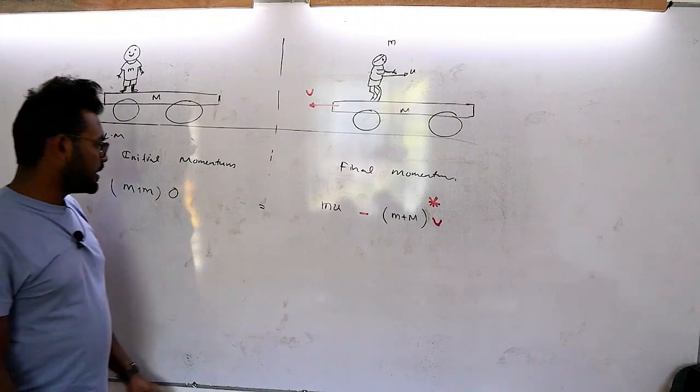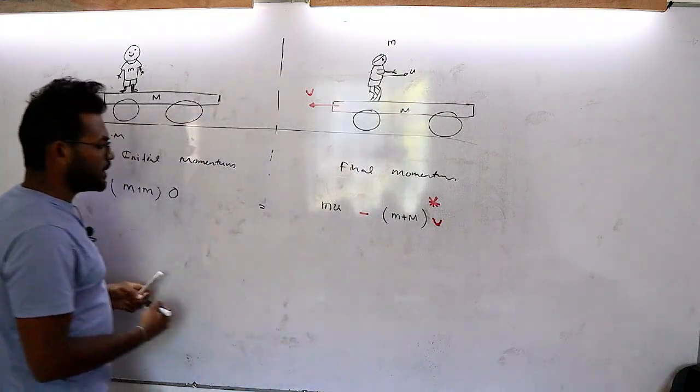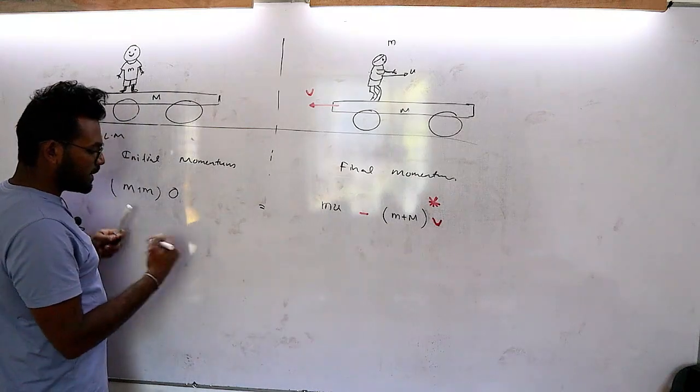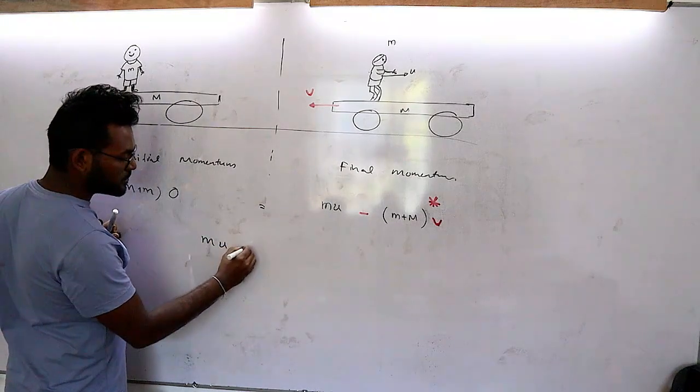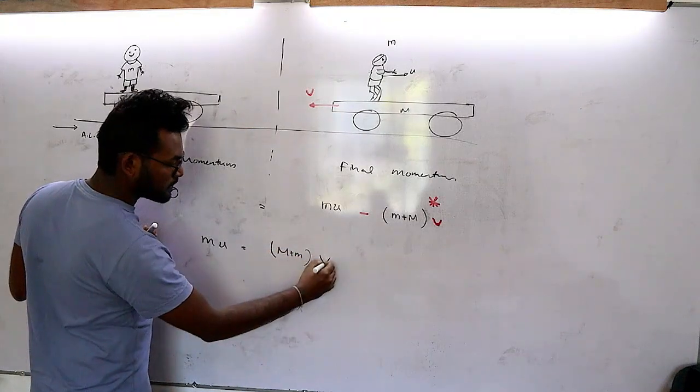Make sure you write the m's nicely, right? This is capital M and this is small m. Okay, so with that I could write mu is equal to what? (m plus M) V.